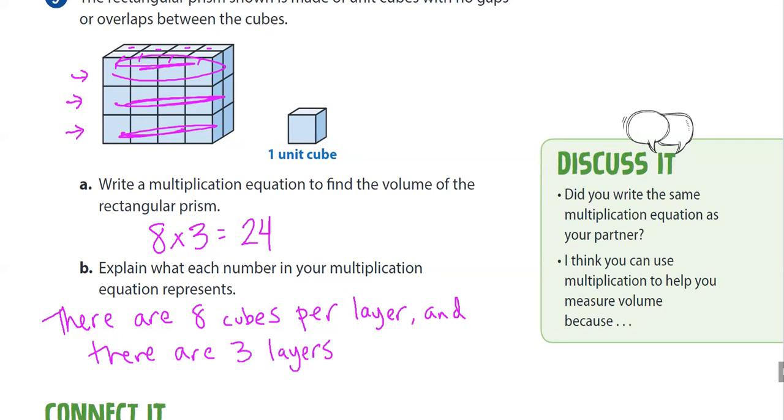You could totally have done, if you went this way, 6, 6, 6, 6. You could have done 6 times 4, but look, same thing.